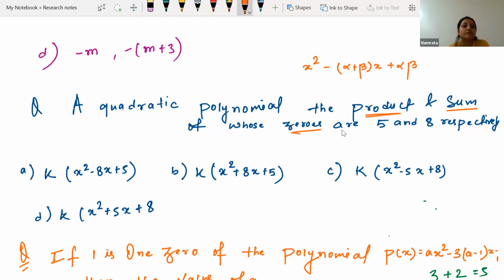This is how we can frame the polynomial, where alpha and beta are the roots of the polynomial. Do you know this formula?